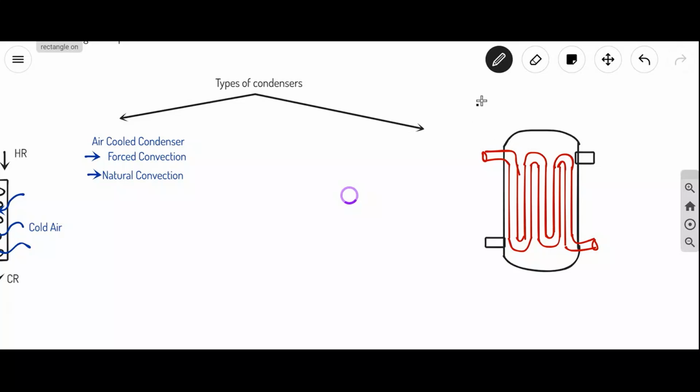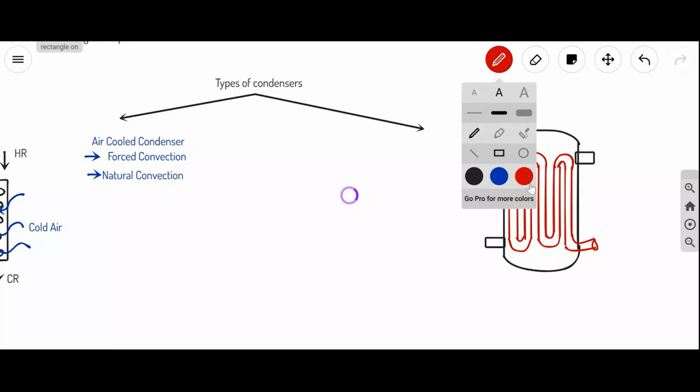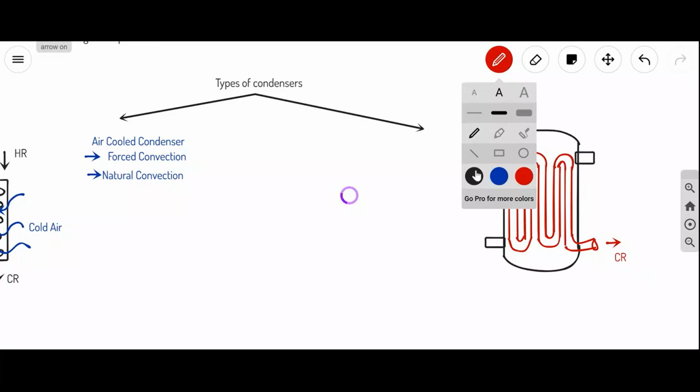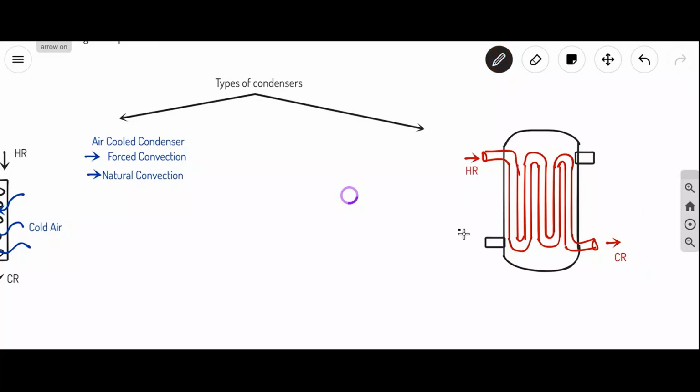Now what we are doing is we are supplying hot refrigerant to this coil. Now we need to get cold refrigerant out. As I am supplying hot refrigerant and need to get cold refrigerant, we are supplying cold water to the shell.